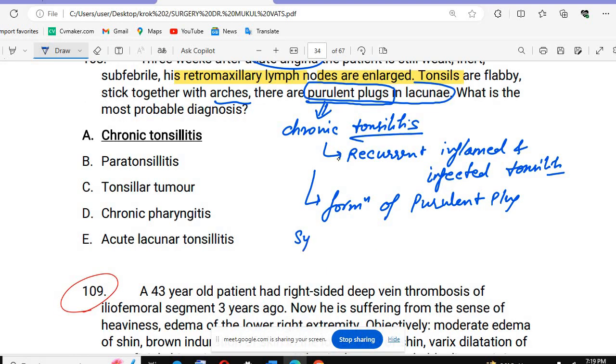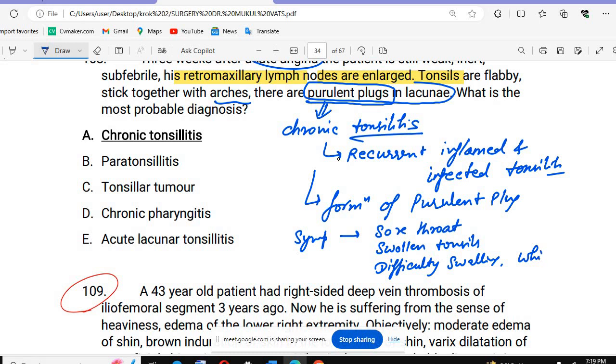The patients will have a sore throat, swollen tonsils, difficulty in swallowing, and white or yellow spots will be seen on the tonsils, because it is tonsillitis.